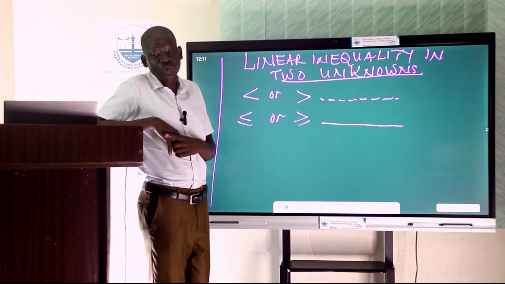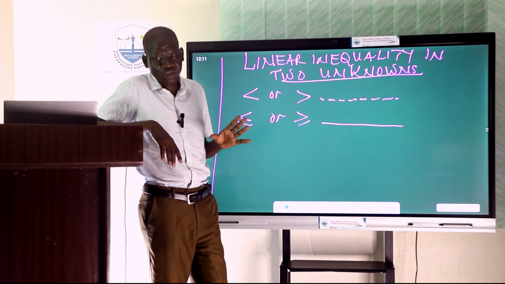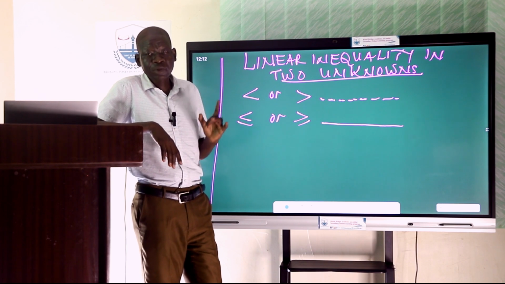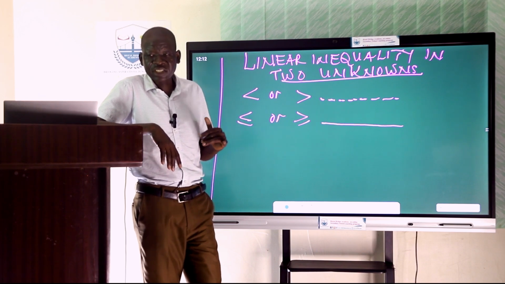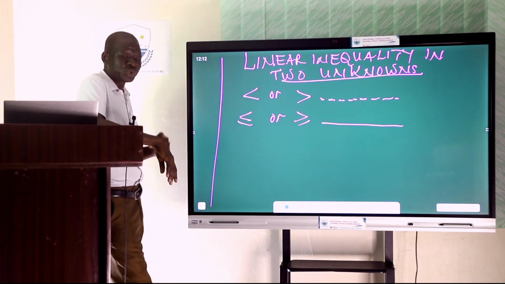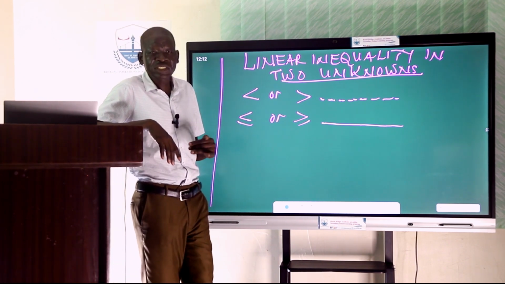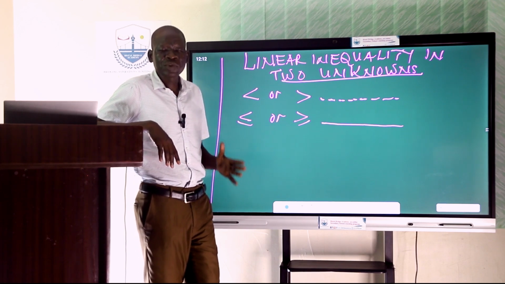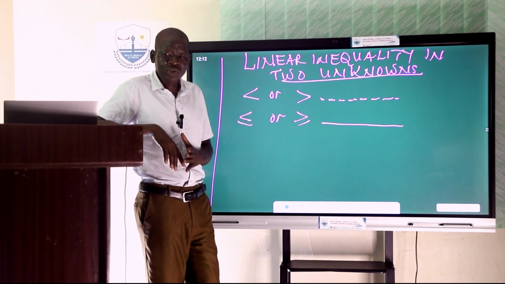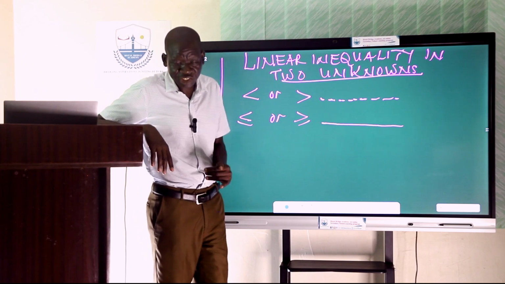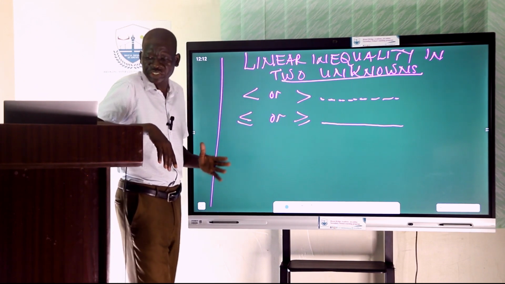In other words, you choose any point on the Cartesian plane, and then use that point for testing the inequality, to show exactly which part is wanted and which part is not wanted. The unwanted region will be shaded, and the wanted part will remain not shaded.